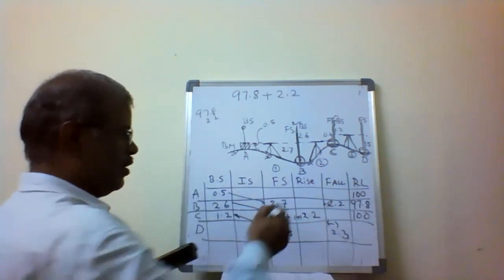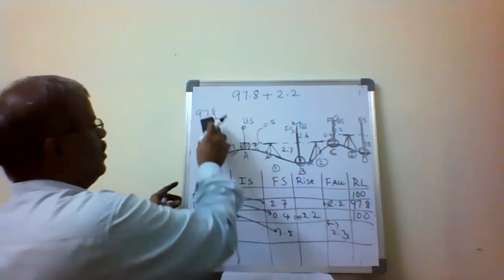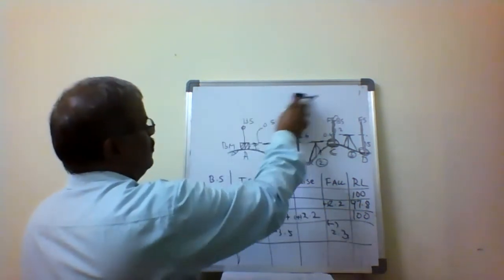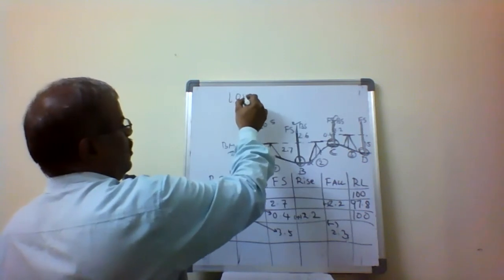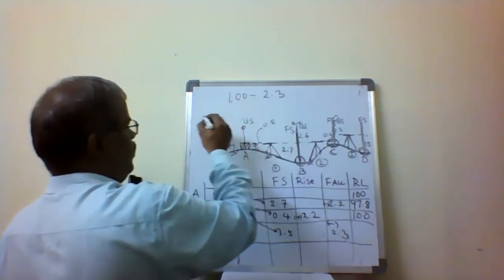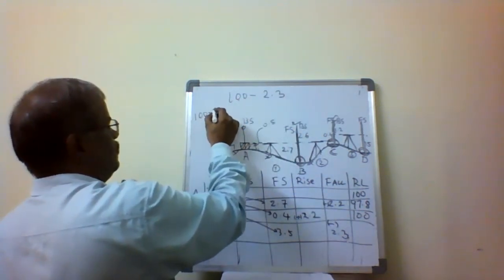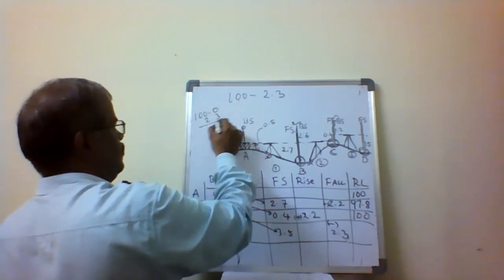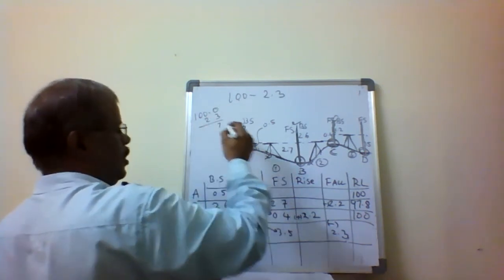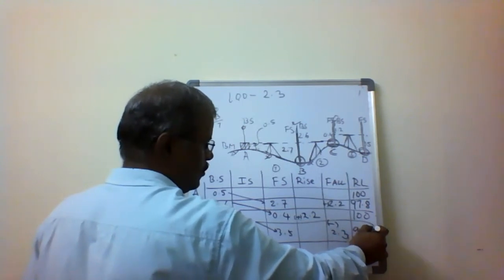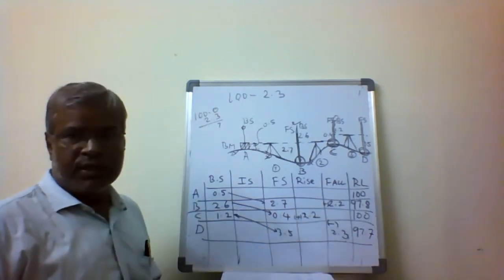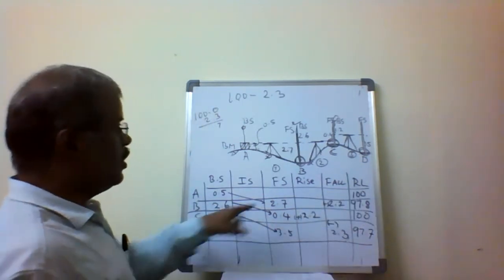Then 100 minus 2.3, which is a fall, so 97.7. 97.7 is the elevation of the D point.